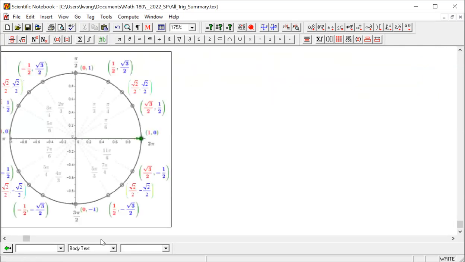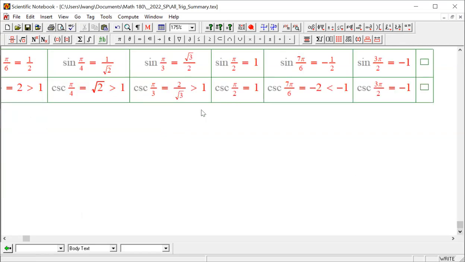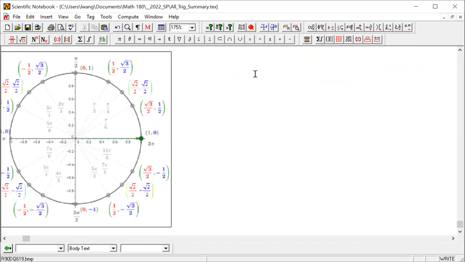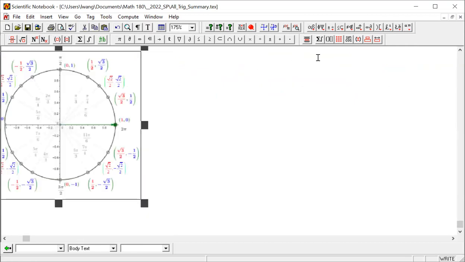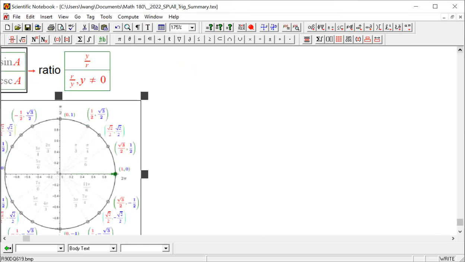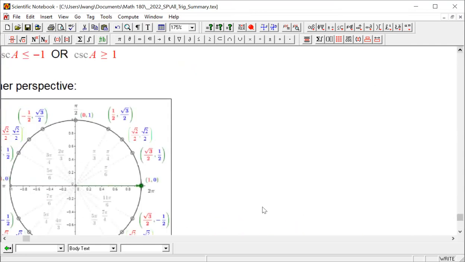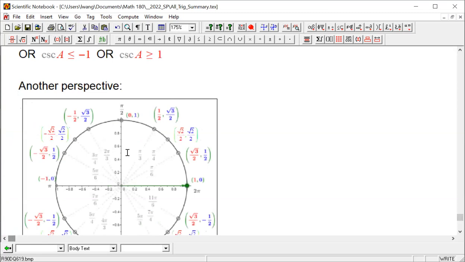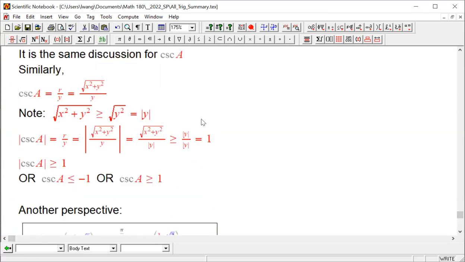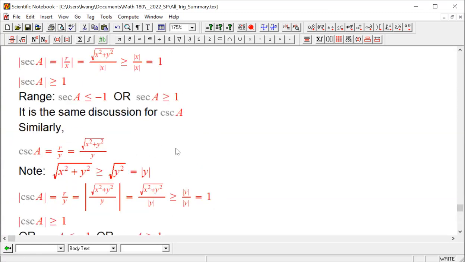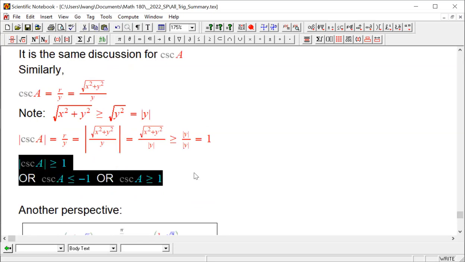If you take the reciprocal of all of these blue numbers, you would realize all of them are either at least 1 or at most negative 1.